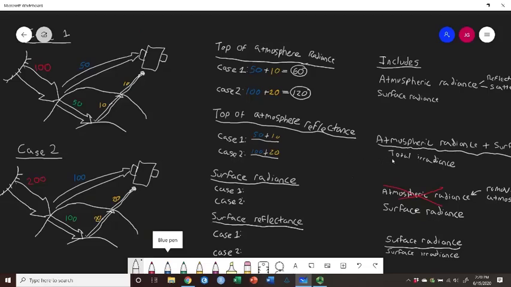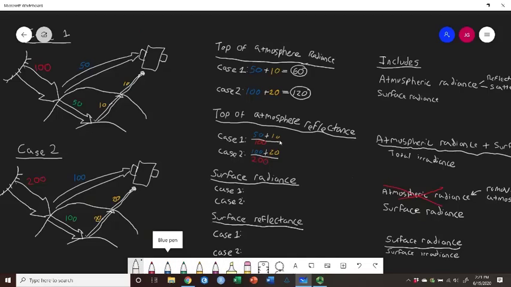If we look over here, we said we're going to talk about total irradiance. So total irradiance is going to be the top thing up here. In this case, it's going to be 100. This is the total amount of incoming radiation, right? Because irradiance is incoming radiation. So that's going to be 100, and that's going to be 200.